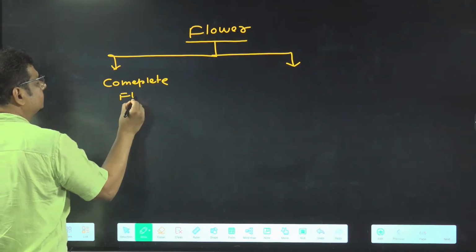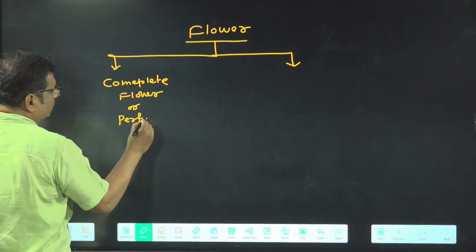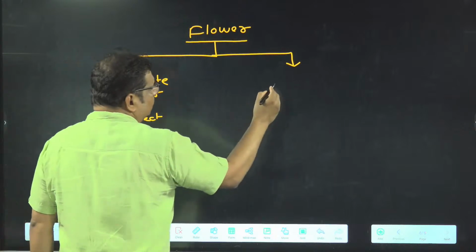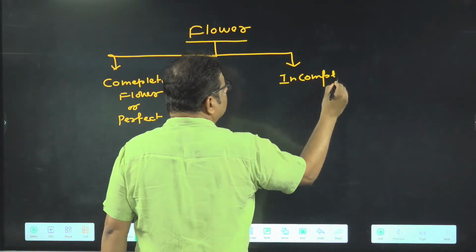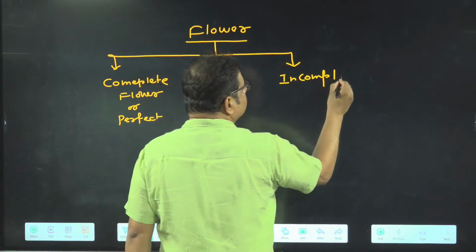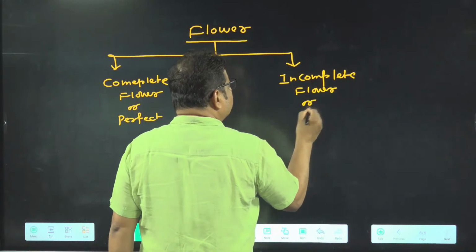Complete flower or perfect flower, and the other is the incomplete flower or imperfect flower.